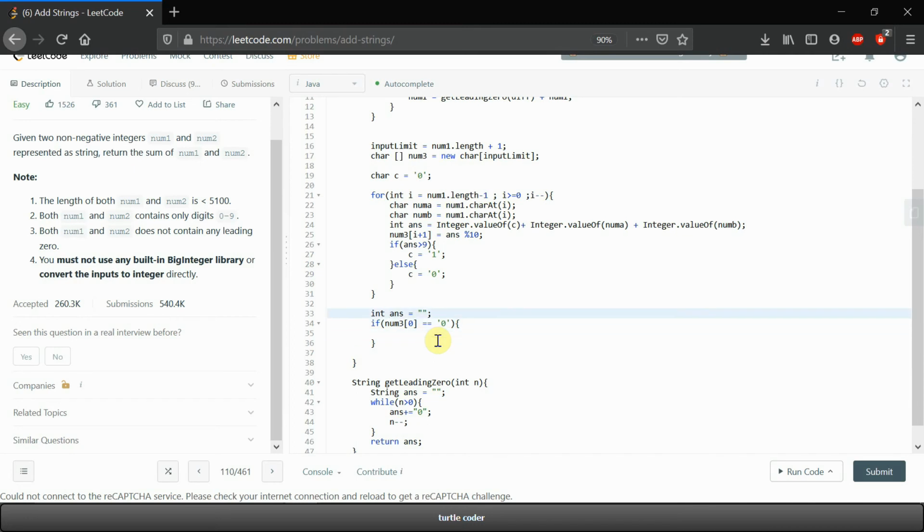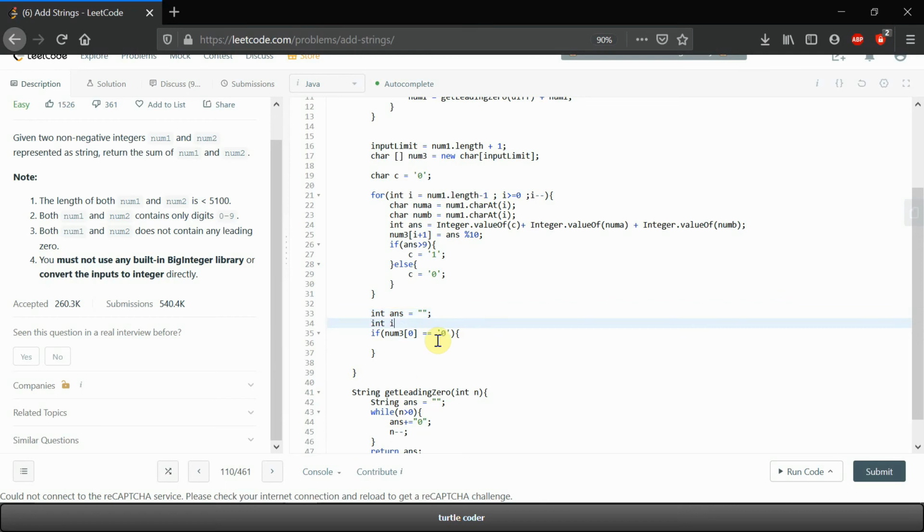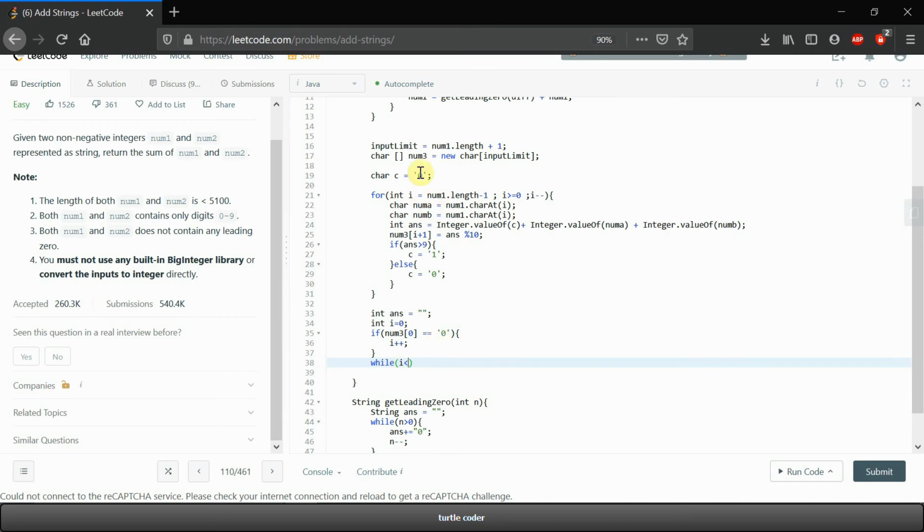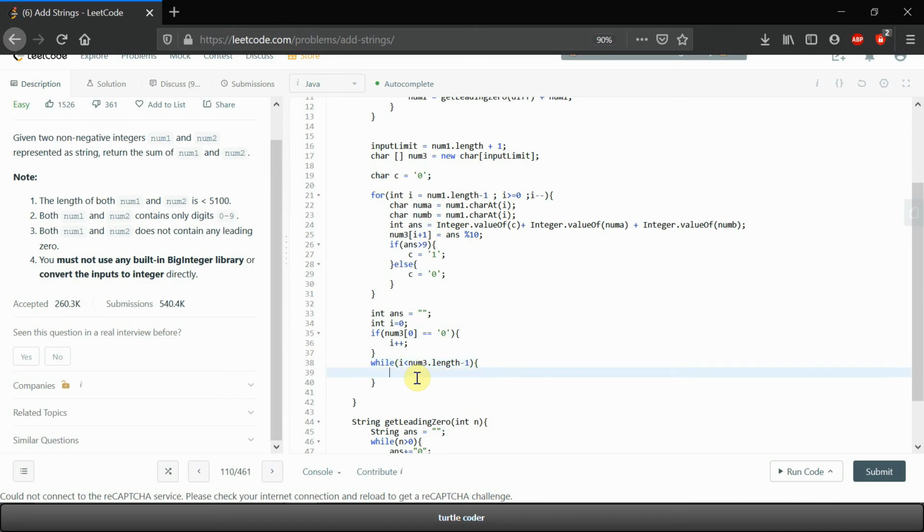There has to be a counter as well, right? Defining counter again. So if my i is 0, I should straight away move my counter, and now while my i is less than num3.length minus 1, right?